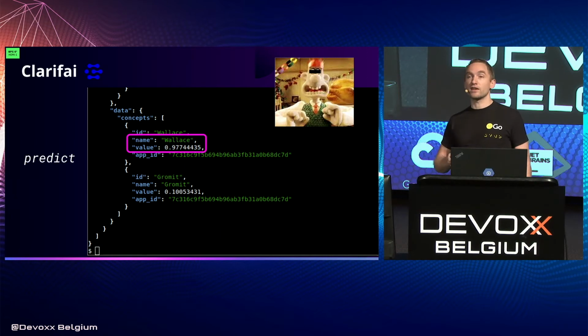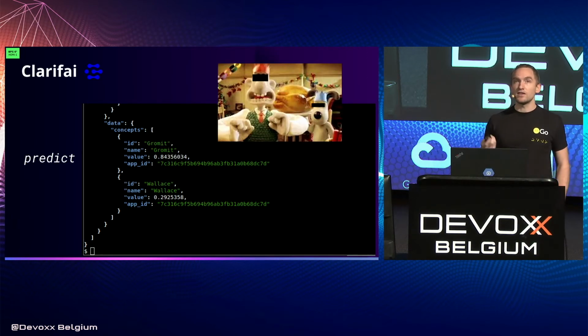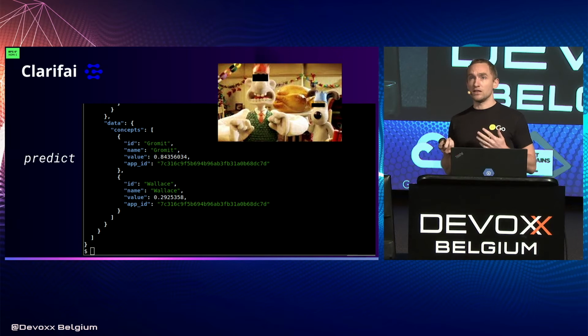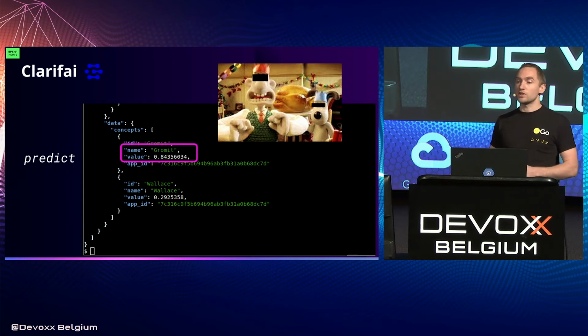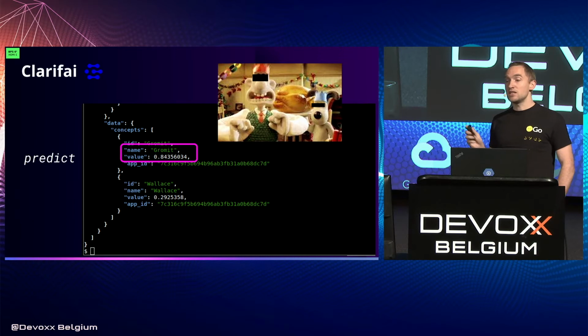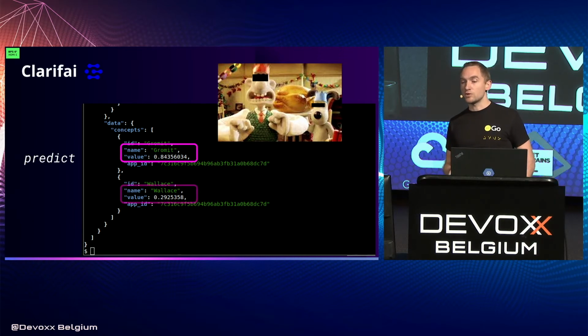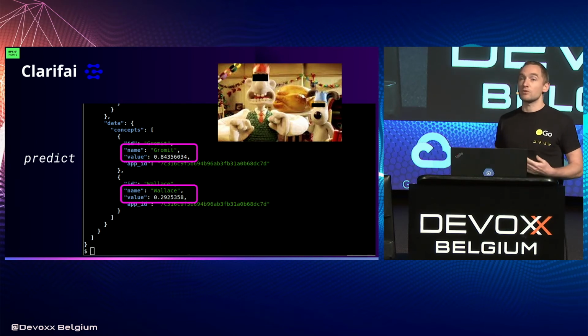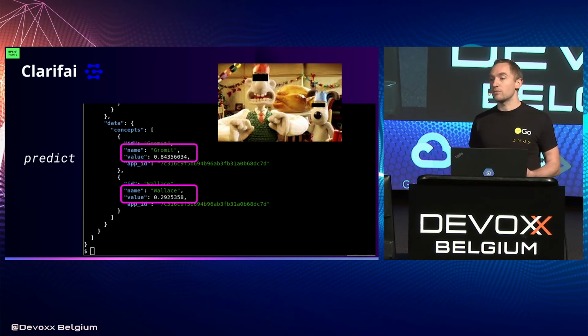So well done, Clarifai. Then if I give it a picture containing the 2 characters, it is inferred as containing Gromit with confidence 84%, correct. And it seems to be inferring Wallace with a low confidence of only 29%, which is incorrect if we have, for example, a threshold of 50%.